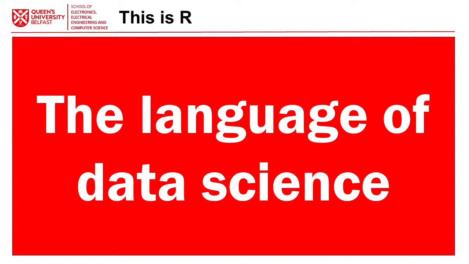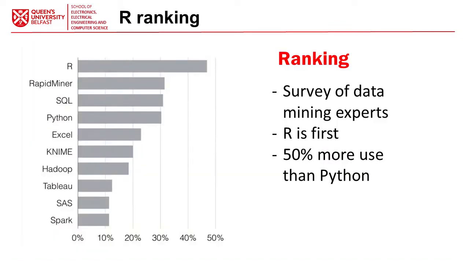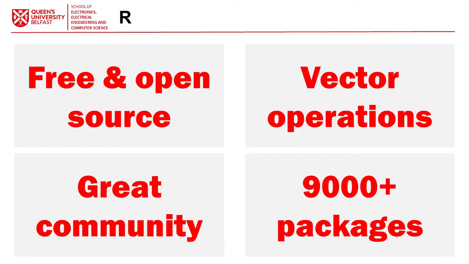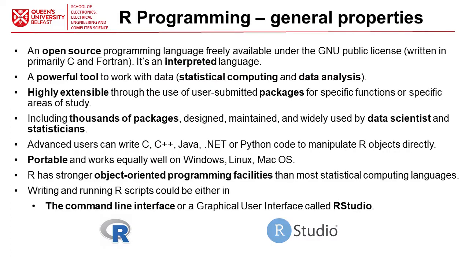Okay, so we started with the programming languages of data science, in terms of the ranking based on the survey of data mining experts. The advantages of using R, importantly some features that we highlighted here: being open source, specifically for data analysis and statistical computing, covering thousands of packages.